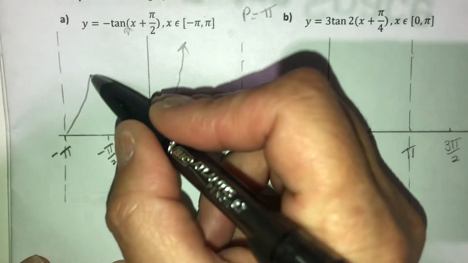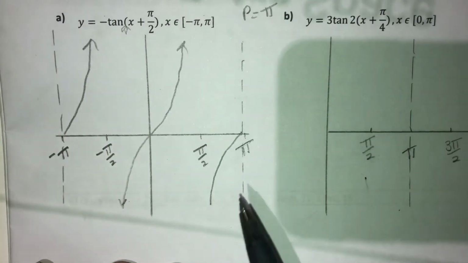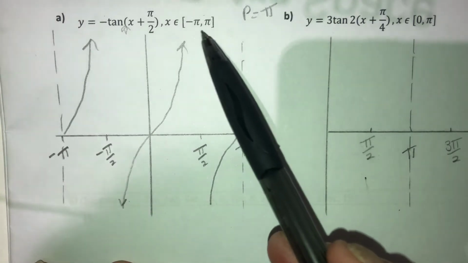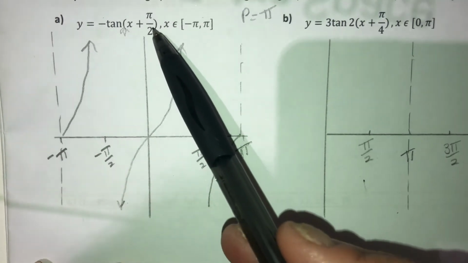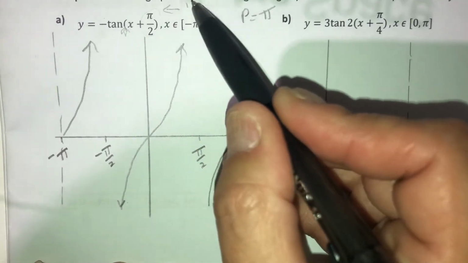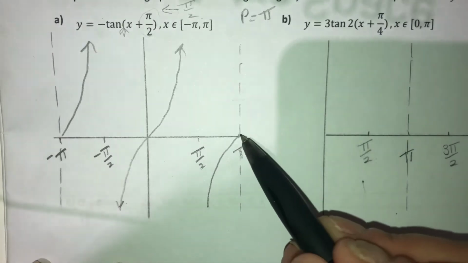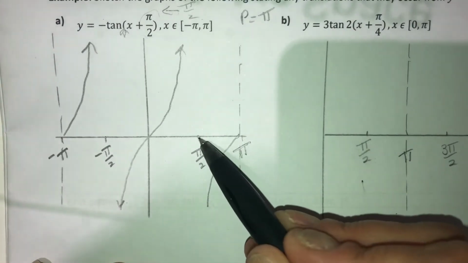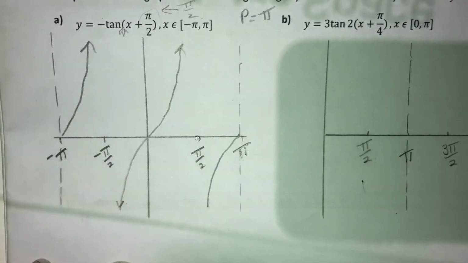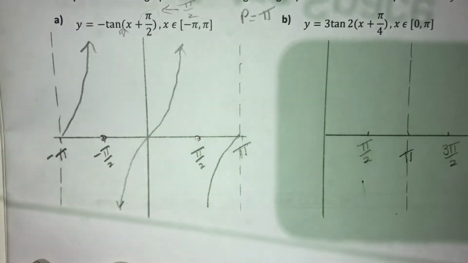And up here. Okay, so that's what our normal one would look like. However, we need to move this to the left, pi on 2. So what normally would be here, we're going to bring back to pi on 2. This one will come back here to negative pi on 2.